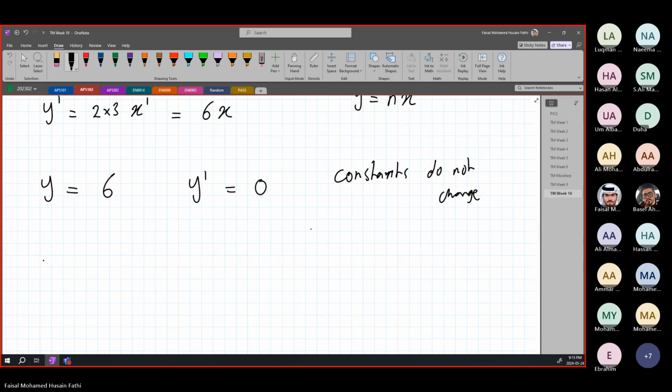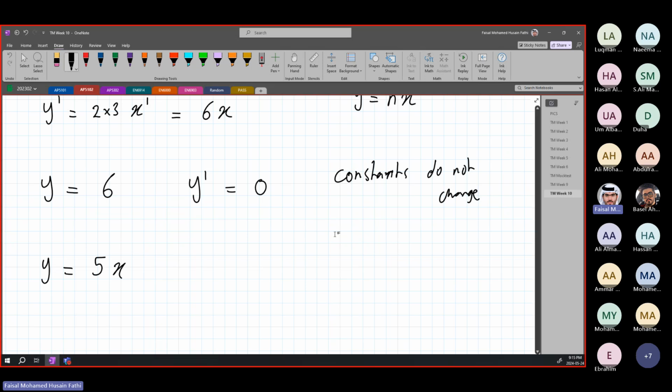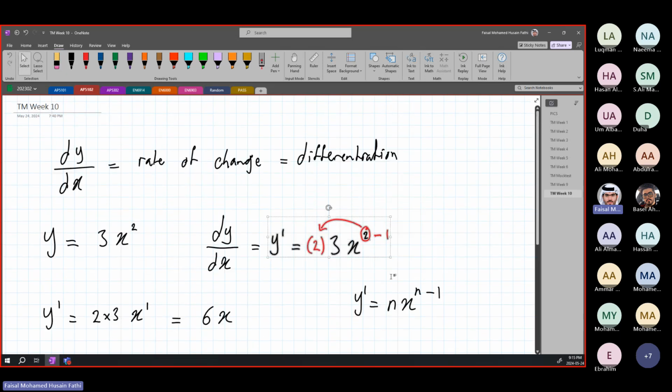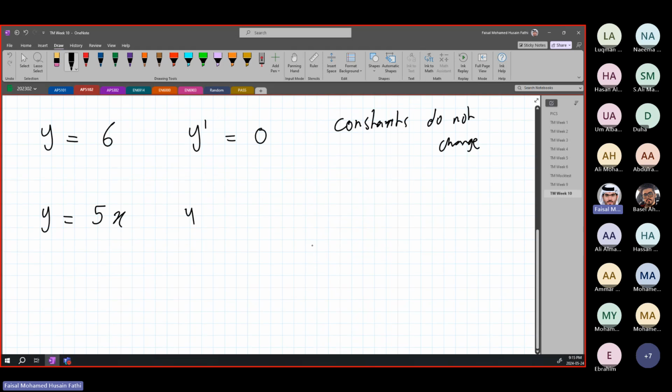If you have a simple equation of 5 times x, you're going to apply the same exact formula here. So y prime, or dy by dx, is going to be 5x. Remember, this is simply the same as saying 5x power 1. You're going to multiply 1 out here, and you're going to subtract 1.